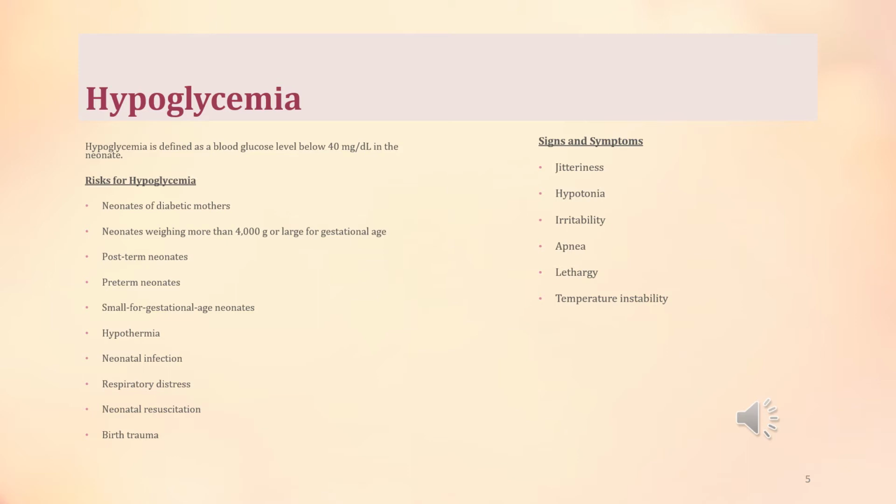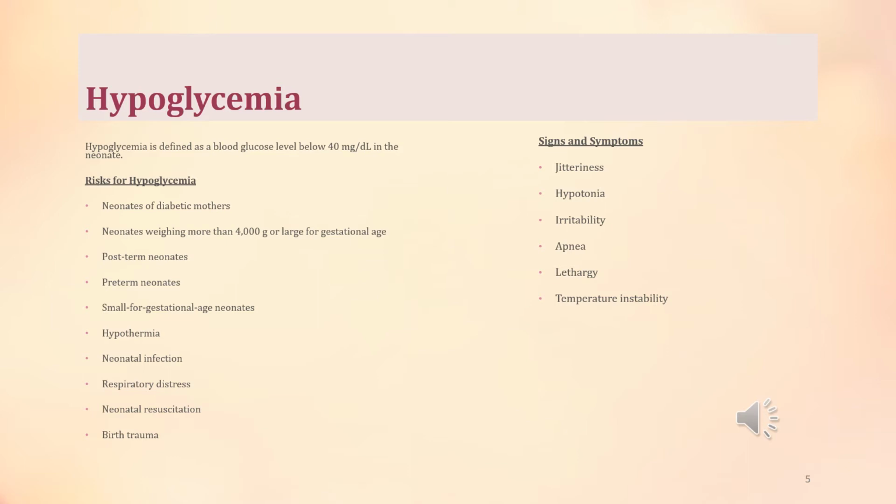So some of our signs and symptoms, and you'll see as we go through these, some of these signs and symptoms are the same for babies for several different issues that they may be having. Basically the idea is to know if you've got a baby that's doing one of these things, while we have to deduce which one it is, what's the one that we're trying to take care of, we're going to run through a whole list of things.